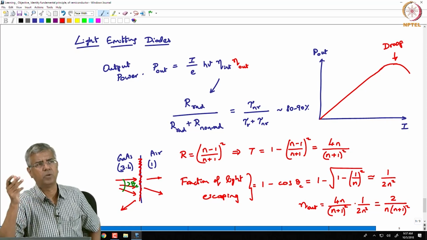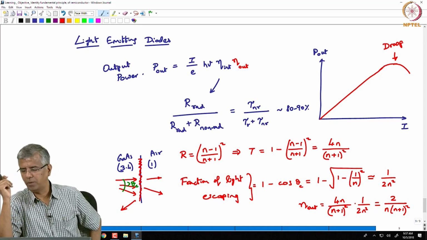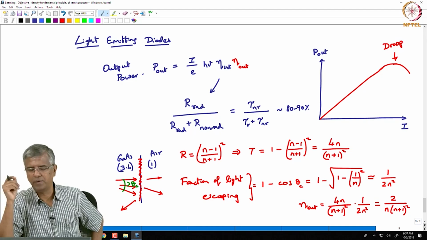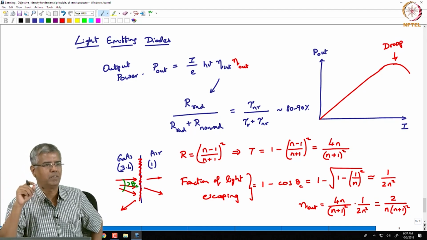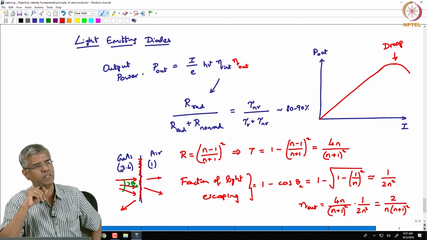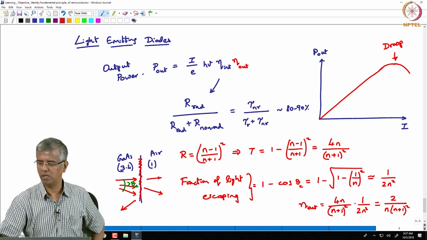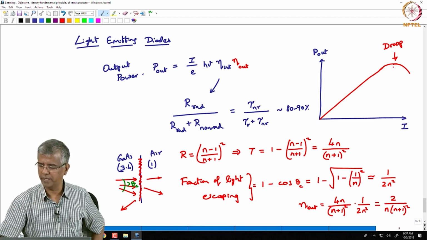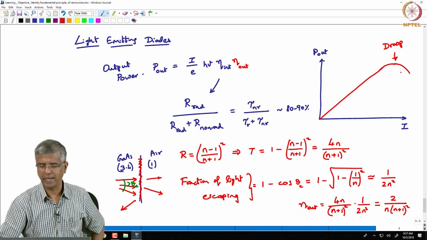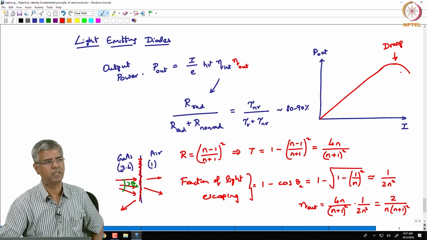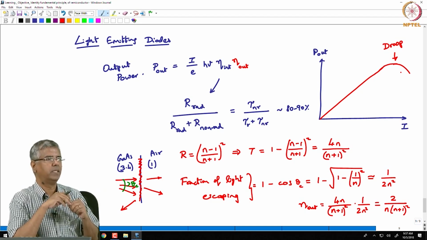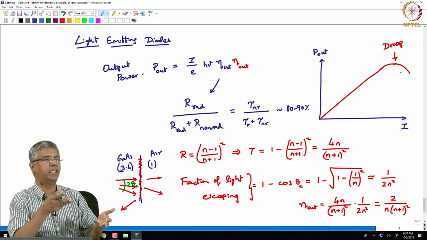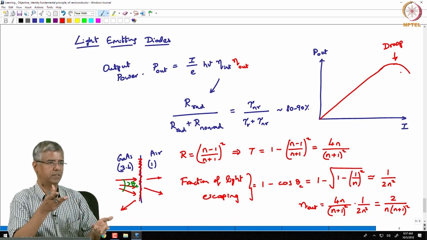These days 8 watt and 10 watt LEDs are available, but these are typically multiple LED elements, each maybe less than a watt. At very high carrier densities in the active region, the carriers collide with each other and generate a lot of heat rather than light.